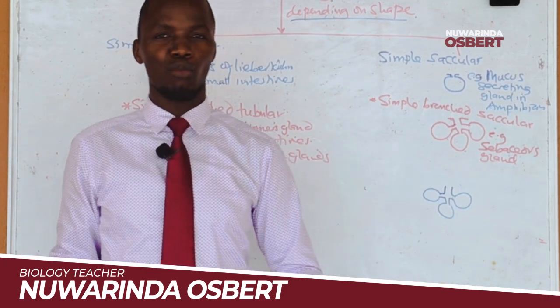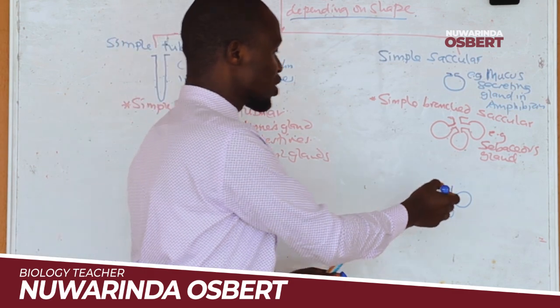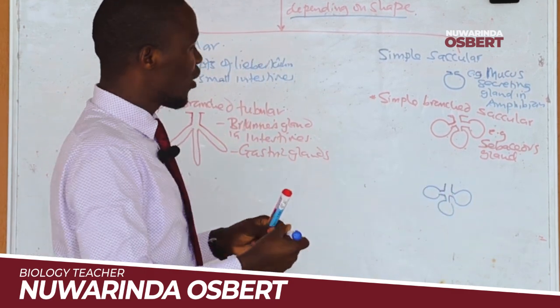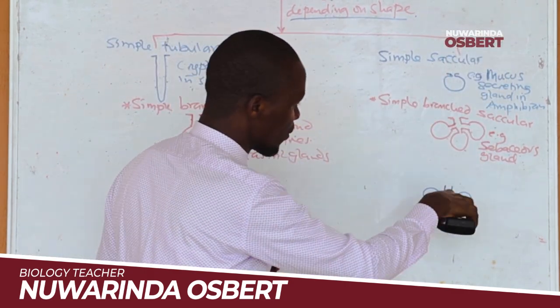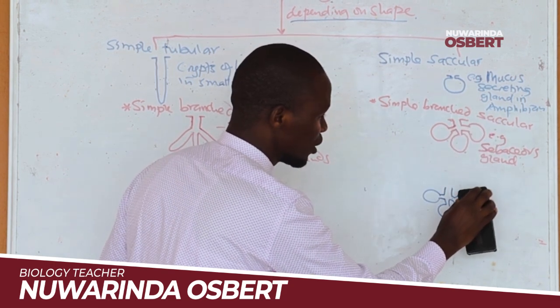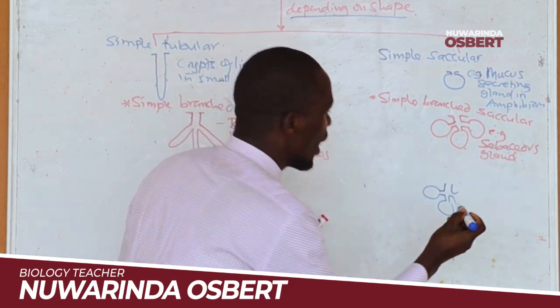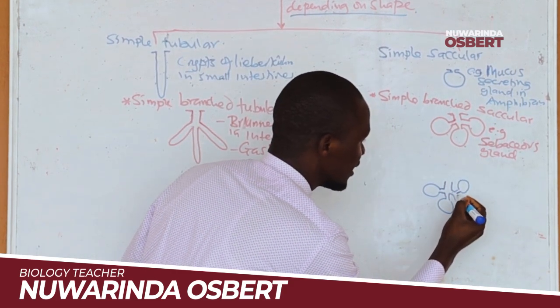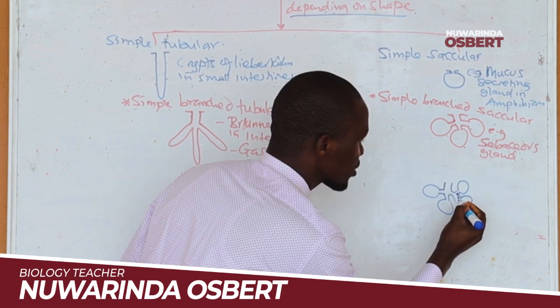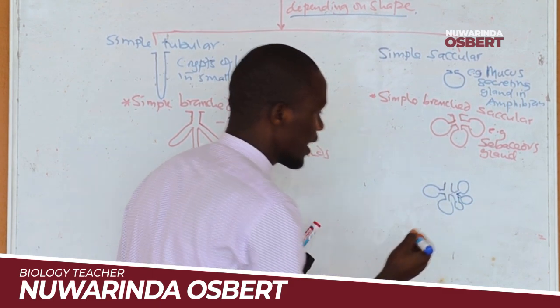But in this next part, we are going to modify this one further. How? Now, this one which was like this gets modified and forms other branches. From that one, you now have other branches like that. Then here you also have another branch like this, and another branch here like that.